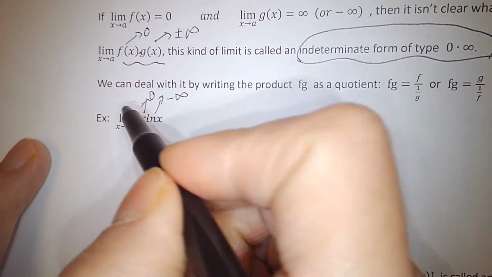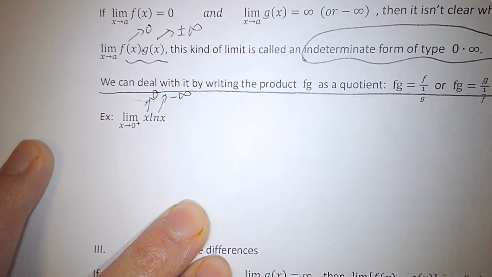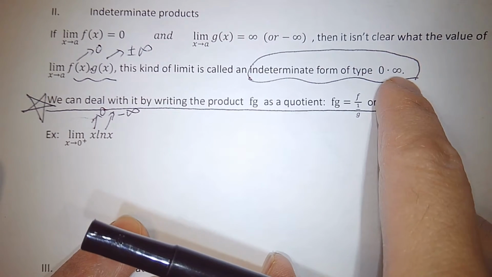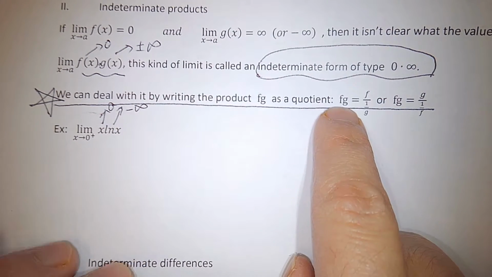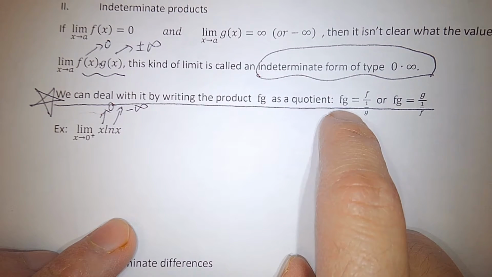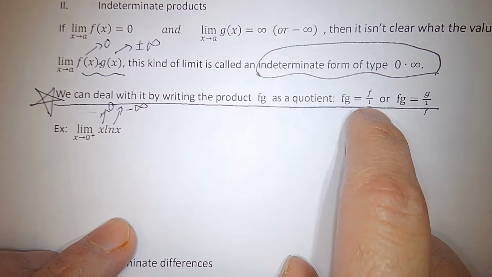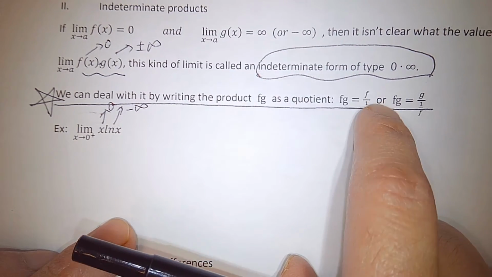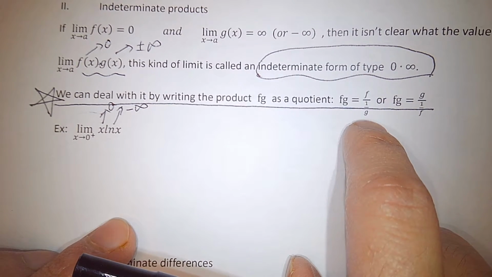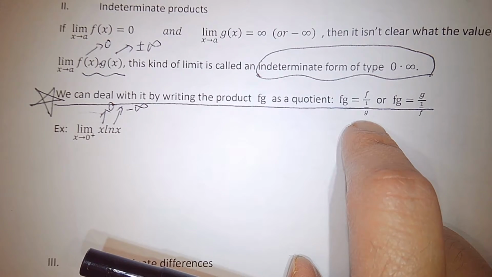So it is very important for us to rewrite the product as what? The product is f times g, right? We write it as either f over 1 over g, or g over 1 over f. Which one you use doesn't matter, it depends, okay?